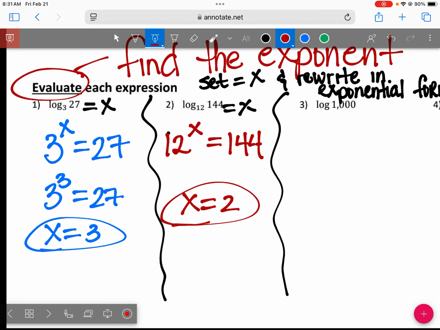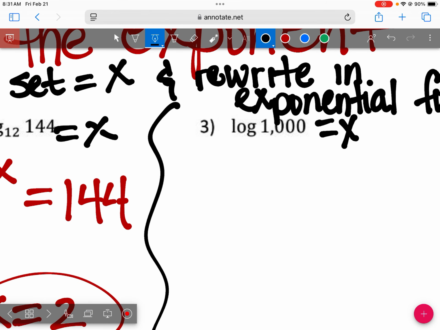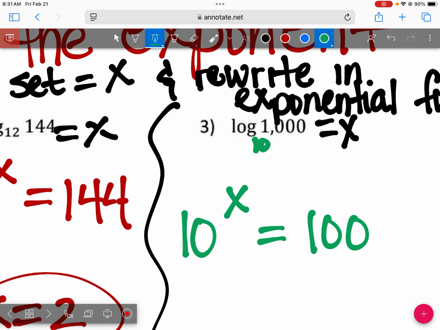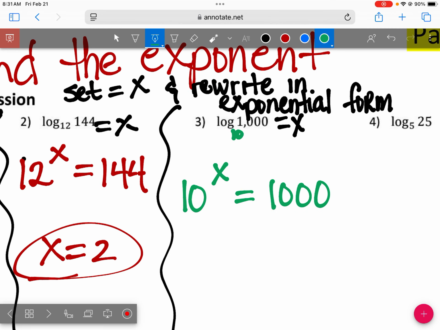All right, number 3 is kind of tricky because they didn't put the base. I don't know if you've learned this yet, if you've had ICP or chemistry, but the base of a log, if you don't see it, is 10. When you look at your calculator, does everyone see that there is a log key right under the green button? That log key has a base of 10. Whenever the base is 10, we don't write it. So let me go ahead and put that in. There's a base 10 right here, which means this is 10 to the power of x is 1,000. I'll give you a minute to figure out what your exponent has to be.